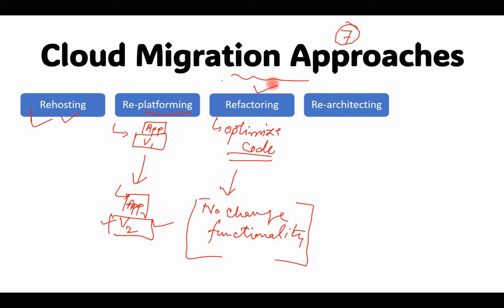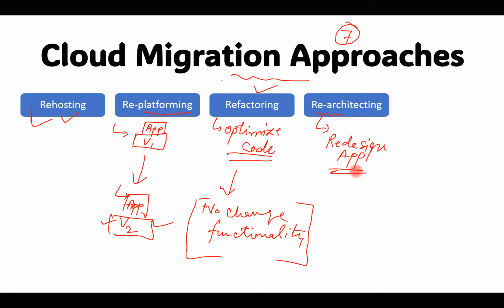Next approach we have is re-architecting. That means we need to re-architect. We need to completely restructure the application to take full advantage of the cloud environment. So we need to redesign the application architecture.